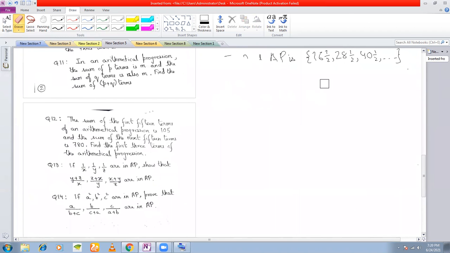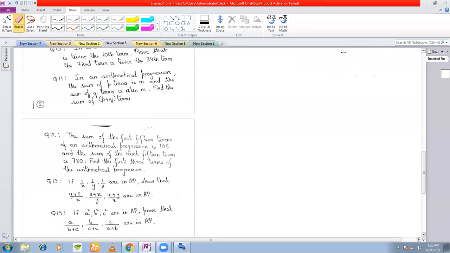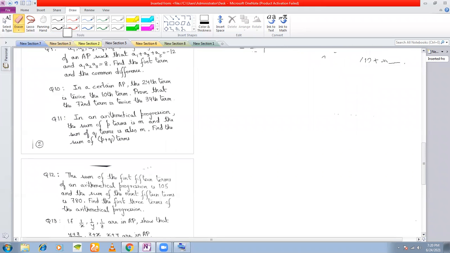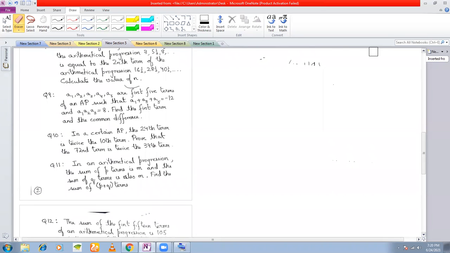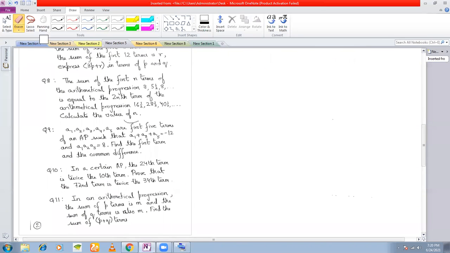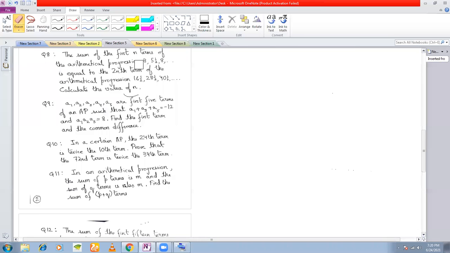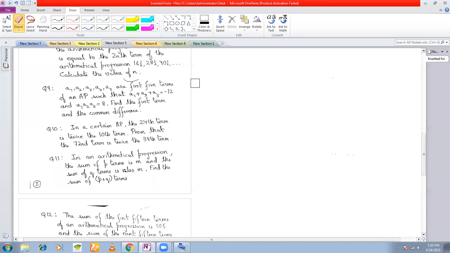Moving on to the next sum. Number 9. Question here is A1, A2, A3, A4, A5 are the first 5 terms of an AP such that A1 plus A3 plus A5 is equal to minus 12.